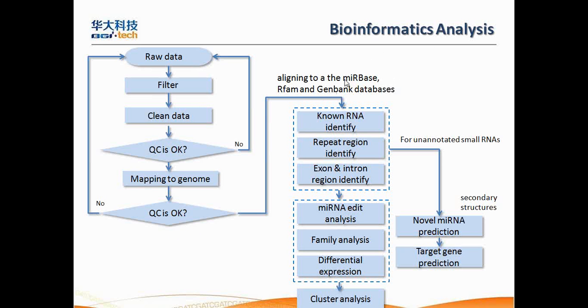If everything is good, then we align those really short small RNA sequences to databases such as miRBase, which is a collection of microRNA, and also to other index databases. Through this alignment, we figure out which RNAs are already known in those databases.